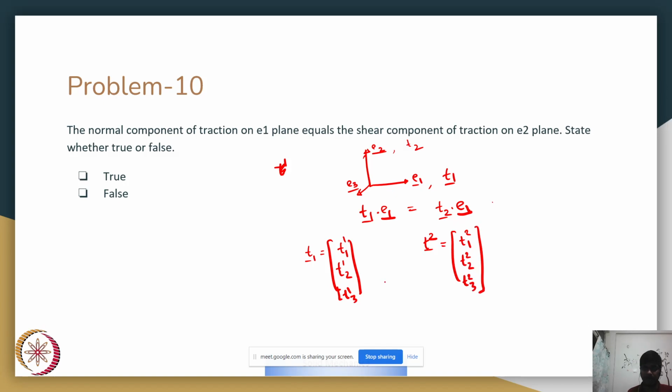So what this question is essentially asking is: is the normal component of traction on E1 plane, which is T11, equal to the shear component of traction on E2, which is T21? Are these true in general? Is the statement true or false?